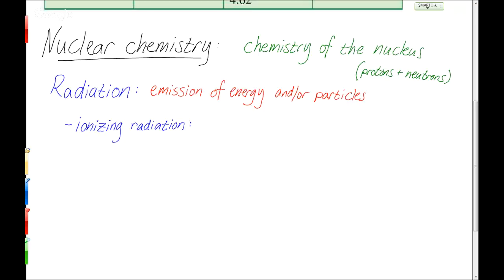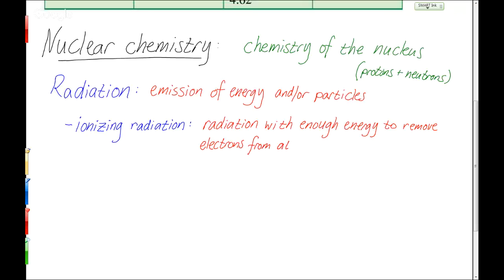So ionizing radiation is radiation with enough energy to remove electrons from atoms or molecules.